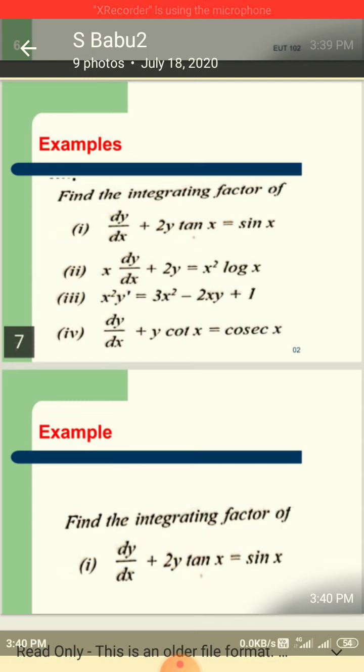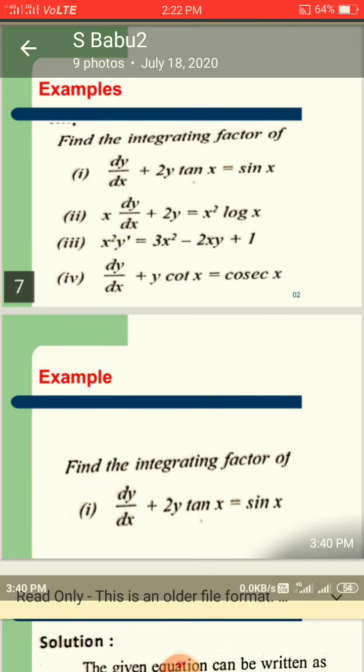Second one, x dy by dx plus 2y is equal to x square log x. Third one, x square y dash, meaning dy by dx, is equal to 3x square minus 2xy plus 1. Fourth one, dy by dx plus y cot x is equal to cosecant x.